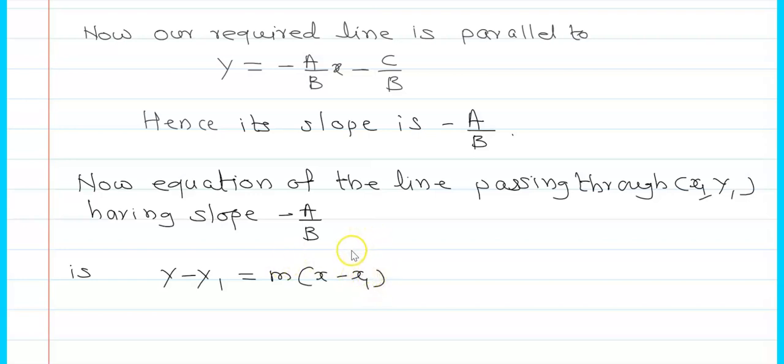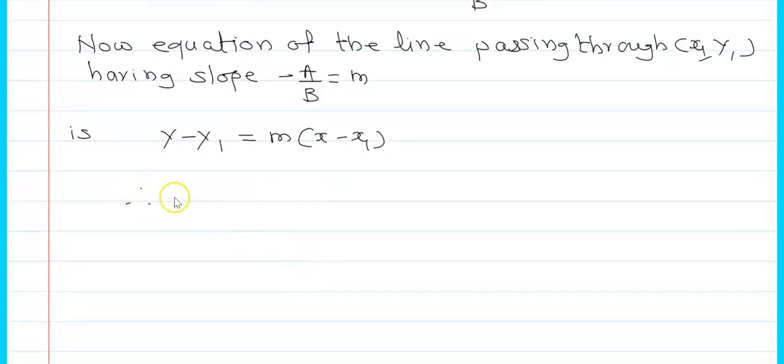The lines are parallel, they have the same slopes. Therefore, the value of m is minus a upon b. Now substitute the value. Therefore, here you will get y minus y1 equal to minus a upon b in bracket x minus x1.